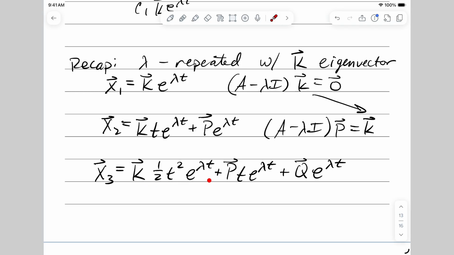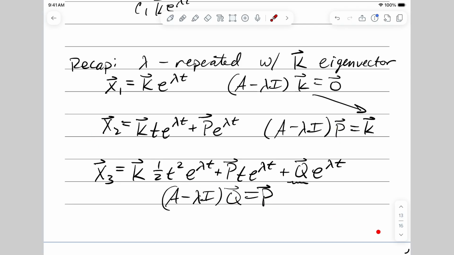We keep picking up more and more terms, and this 1/2 t² ensures that we are linearly independent with x1 and x2. The q vector is found by solving (A − λI) times q is equal to p. So it's actually called a Jordan chain, but we use k to find p when we need to. And then if we need to, we use p to find q.